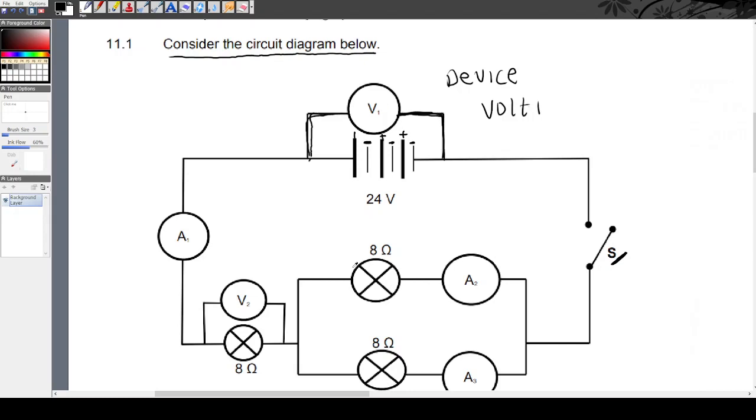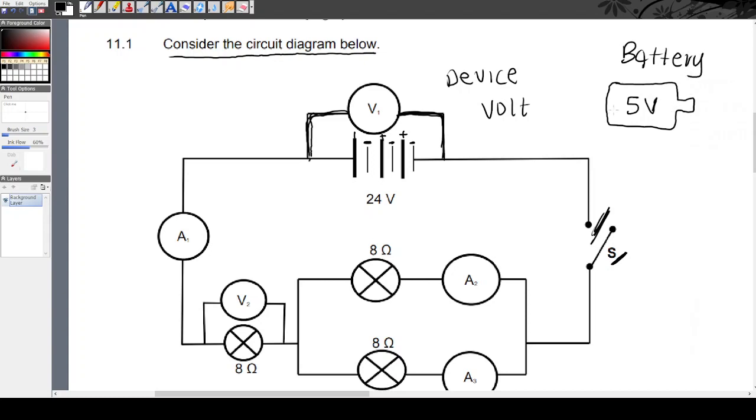If there's no current flowing in the circuit, and we place a voltmeter across the battery, it is the same as taking a battery. Let's say you have a battery, and you take this device. Let's say this battery is measured 5 volts. In other words, this is a battery.